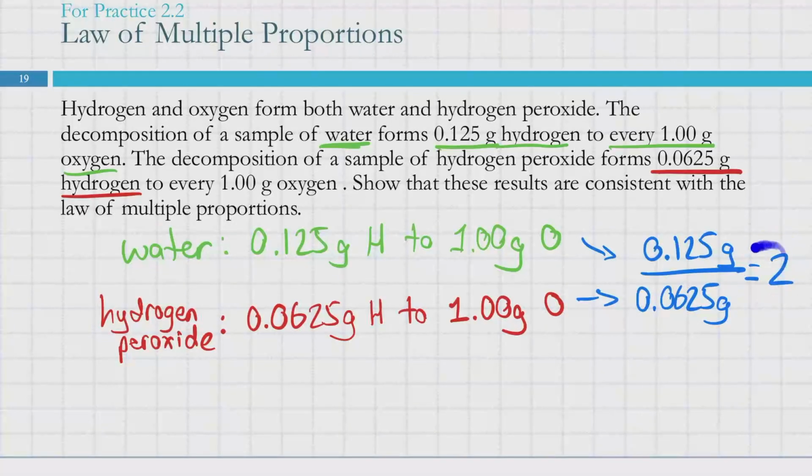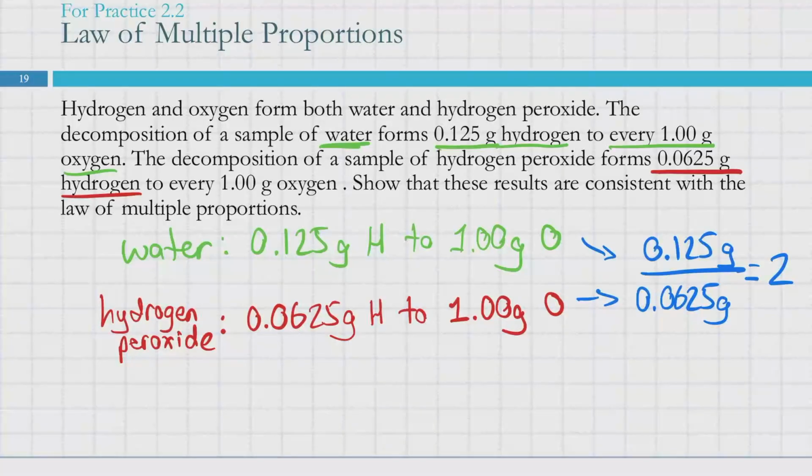And this law of multiple proportions is important because it shows that we're increasing the number of the constituent elements, in this case the hydrogen, in whole number ratios. We have twice as many hydrogens, 4 times, 3 times, however many times more.